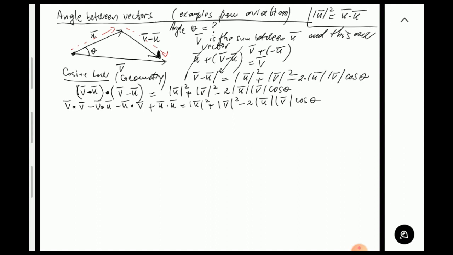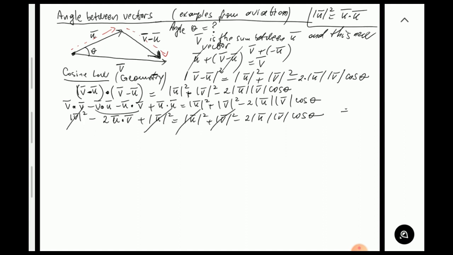So, moving on with the properties, in reverse, V dot V now is the magnitude of V squared. And because the dot product is commutative, V dot U is the same as U dot V, I can rewrite it as minus 2 U dot V plus magnitude of U squared. Now these magnitudes cancel.